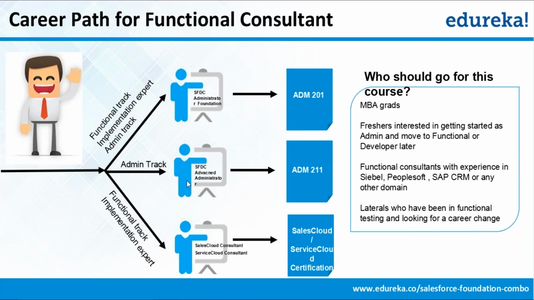Certification-wise, you can first do the App Builder or the Admin, one of them, because our training covers both these areas, and then slowly you get an entry somewhere. With this certification and your overall experience, your business intelligence and data warehousing experience also helps, and then you can slowly do the other certifications.